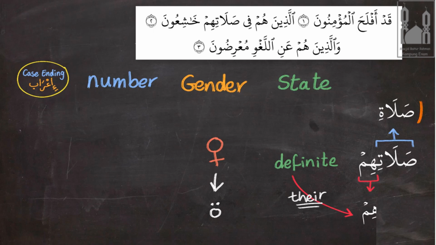Remember, you should always check the original form of the word, and in this case it is salah, which originally ended with ta marbuta. Salatihim is also a singular noun because it does not have any of the plural suffixes that we've learned. And as for the case ending, it is found at the end of the word salah, so it is the kasra under the ta. Pay attention not to look for the case ending at the end of the suffix, but rather at the end of the original word, because the suffix is not an original part of the word.